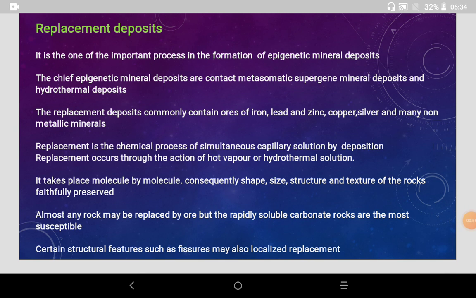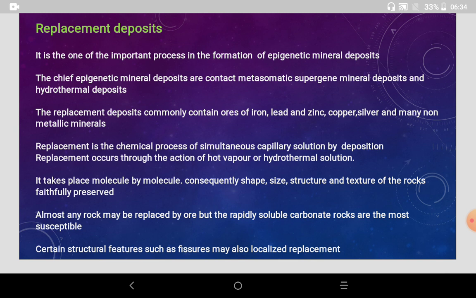What are replacement deposits? Replacement is one of the important processes in the formation of epigenetic mineral deposits. The chief epigenetic mineral deposits are contact metasomatic deposits, supergene mineral deposits, and hydrothermal replacement deposits.